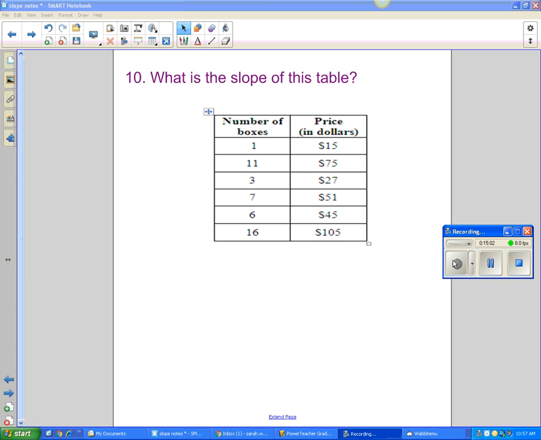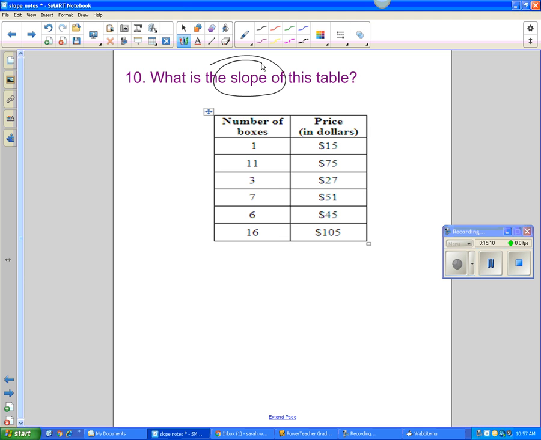10. What is the slope of this table? Levi, what do I do first? Mary, what's the slope formula? Julius, what's next? Y'all don't need to help him out. He needs to pay attention.